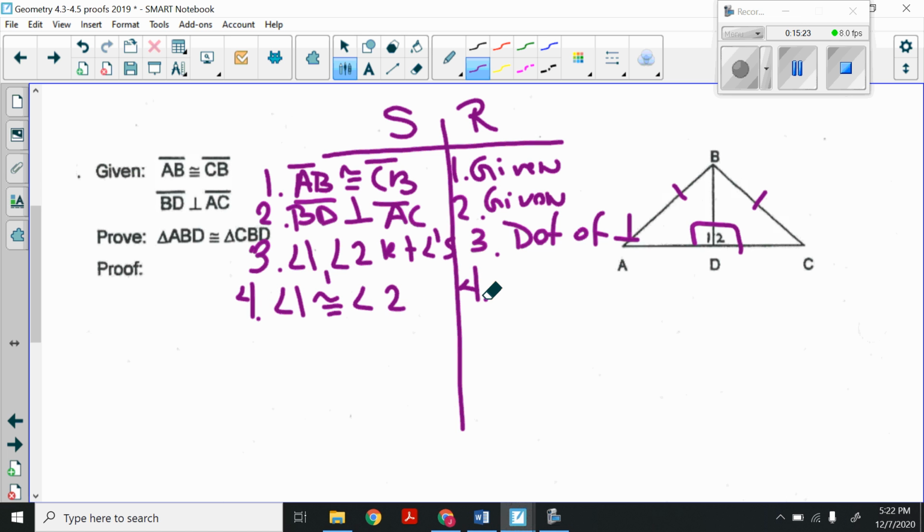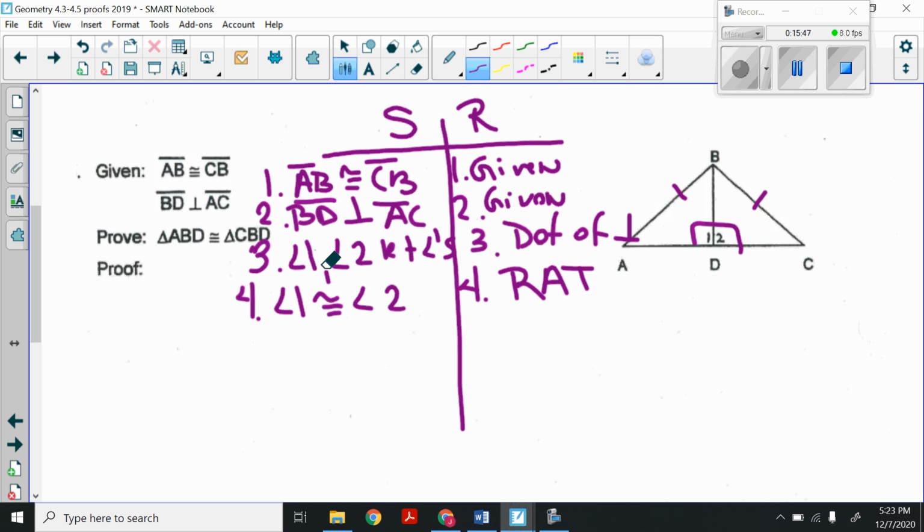My reason for that, how do I know that two right angles are congruent to each other? I have the right angle theorem. We haven't used that, but we learned about that a while back. The right angle theorem tells me that one right angle is congruent to another right angle. And so instead of writing out right angle theorem, I'm going to abbreviate it RAT, just like we do VAT.